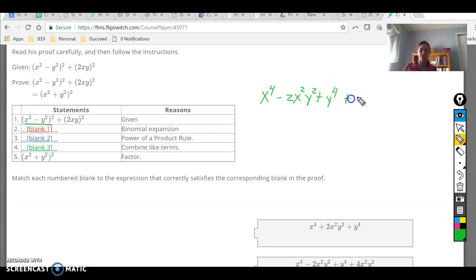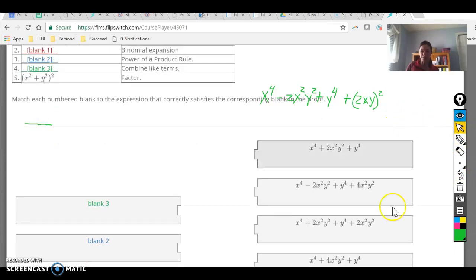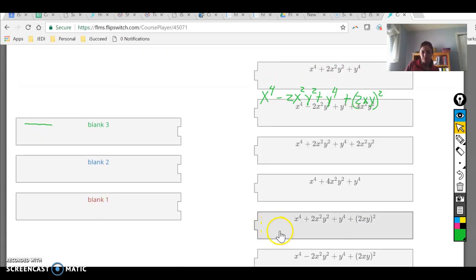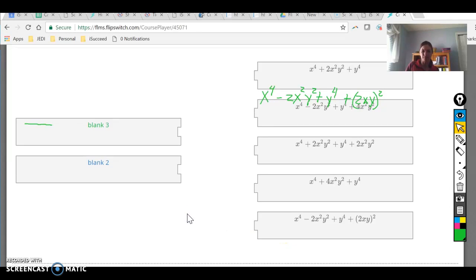And then I've still got plus (2xy) squared. So let's see, that binomial expansion, I'm not sure if they include that (2xy) squared there. Yeah. So this should be my blank one.